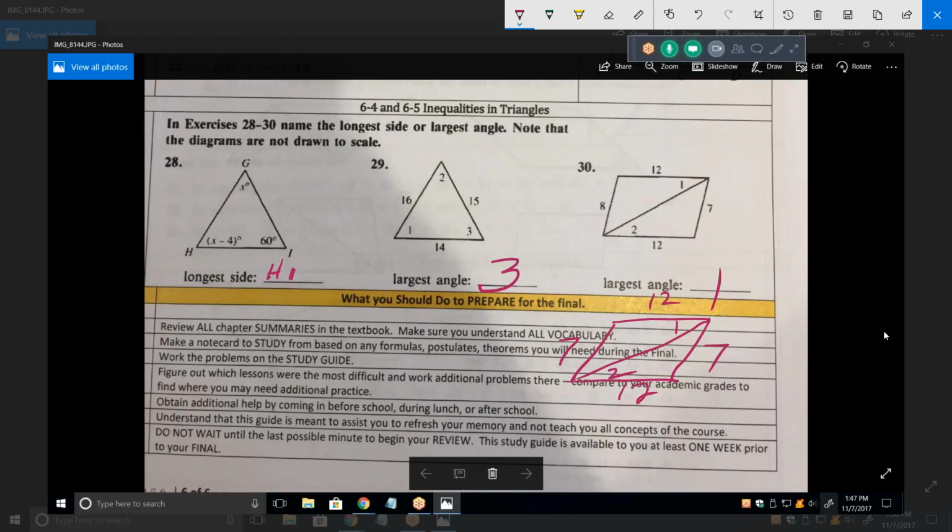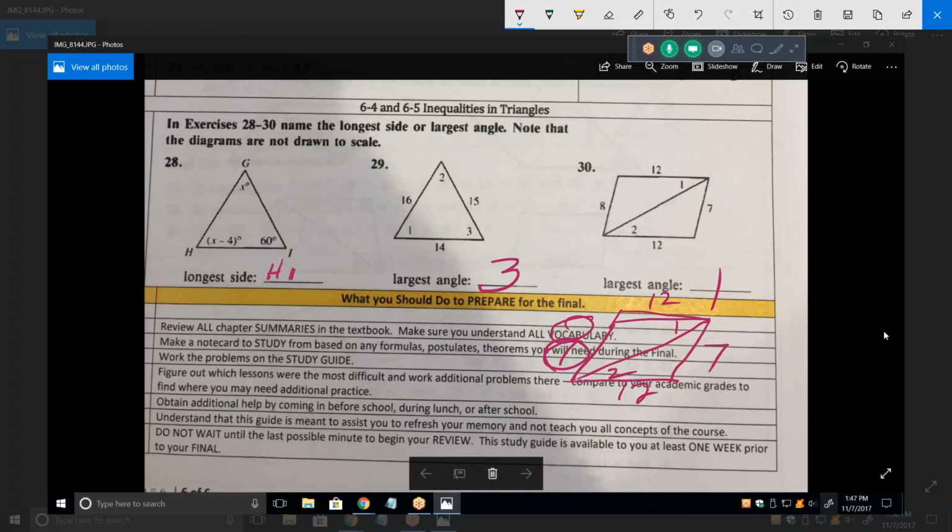The only difference is this left side is 8. In order to get it up to 8, I got to take it up to there and redraw. It's not really a parallelogram, but clearly angle 1 just got bigger. So when that becomes 8, angle 1 is what becomes bigger than angle 2.